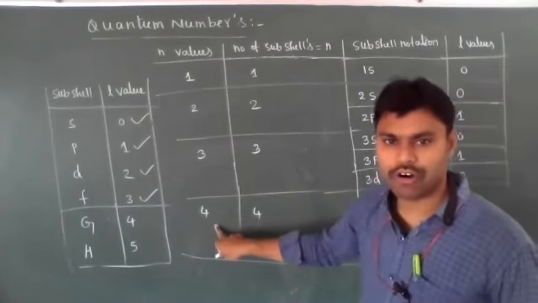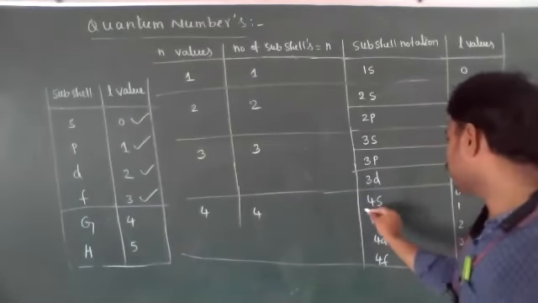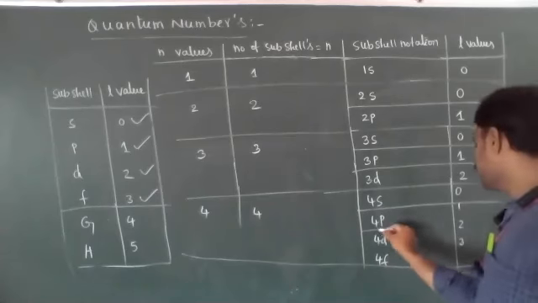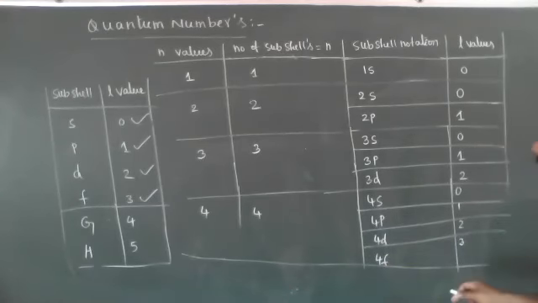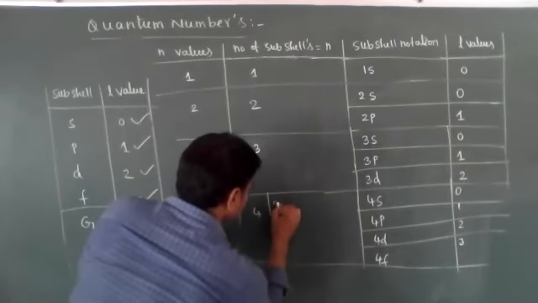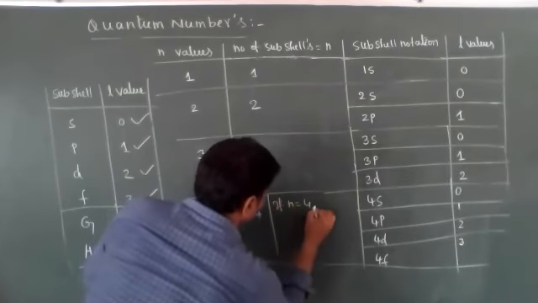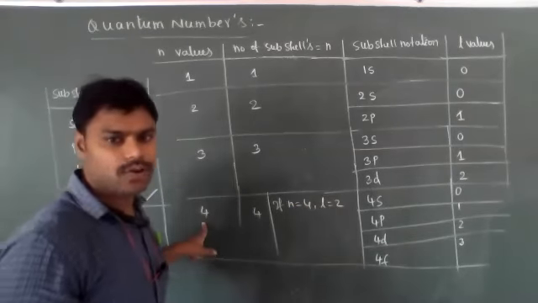Okay, if n equal to 4, a maximum of 4 subcells are present: 4s, 4p, 4d and 4f. How will they ask the questions? If n equal to 4, L equal to 2, find the subcell notation.